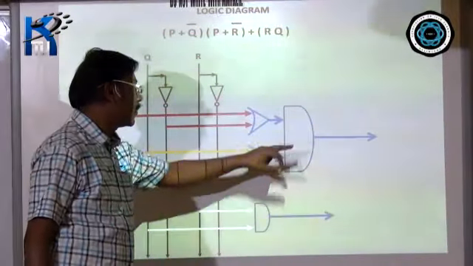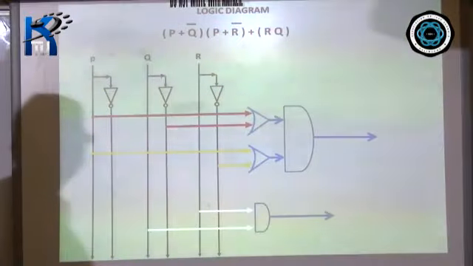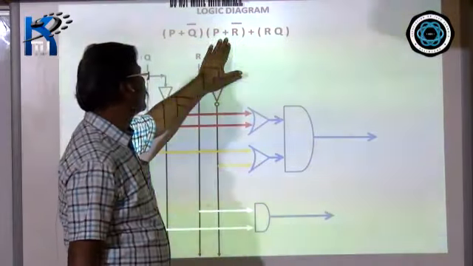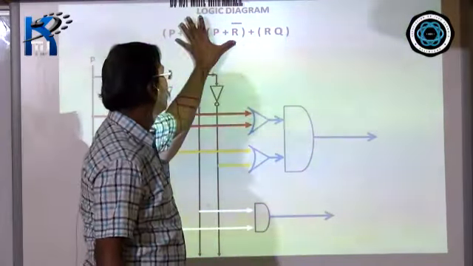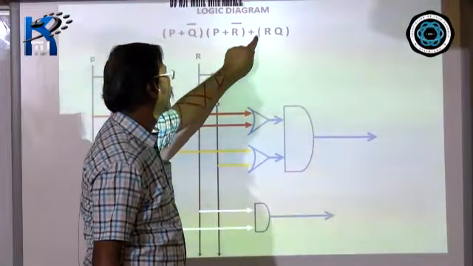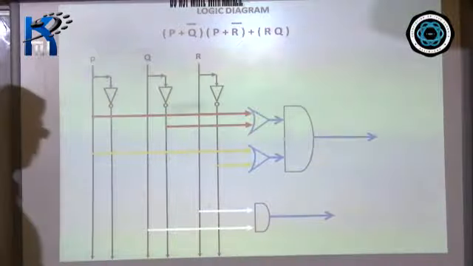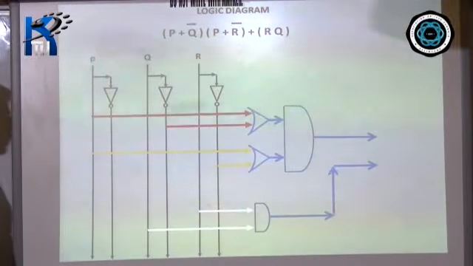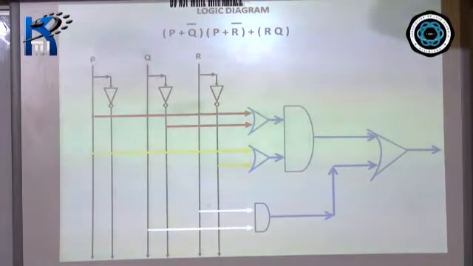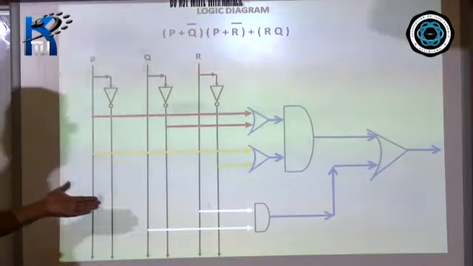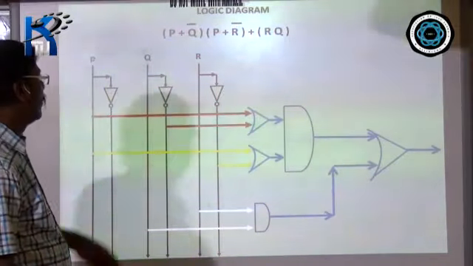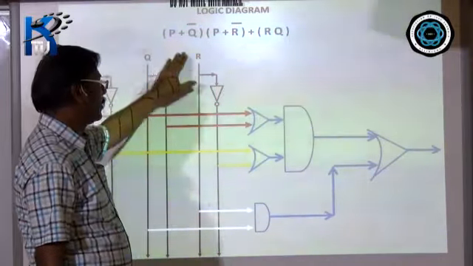Here between these two we have got the AND gate again. So this portion is done, this portion is done. Now between this and this we have got the OR gate. That means between this and this we will again have the OR gate. So we take the connection out and bring it nearer, and then we draw the OR gate. Okay. So this is your logic diagram for this expression.